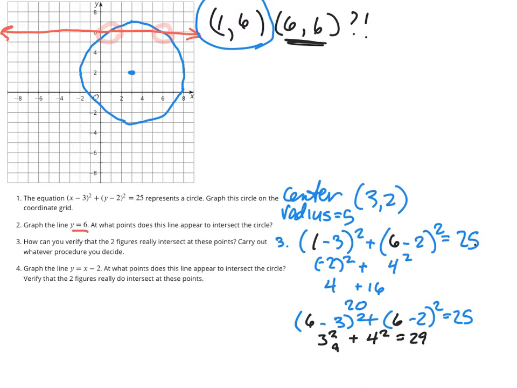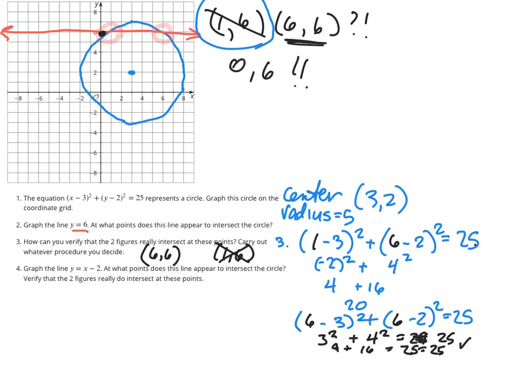So I have 9 plus 16, which is in fact 25. Sorry, my mind got ahead of me. So when it's a true statement, that means that it does work. So 6 comma 6 is on the circle, and 1 comma 6 is not. The other answer is actually 0 comma 6. But my drawing was so bad that we really don't know.